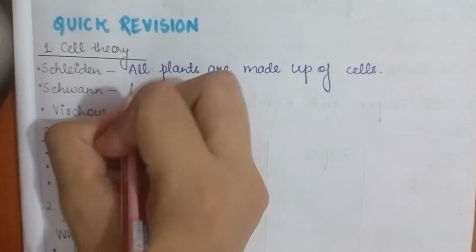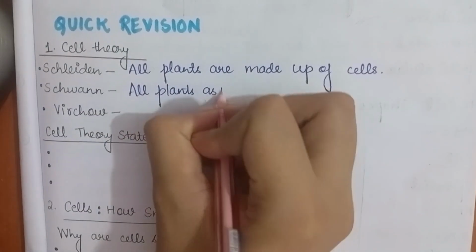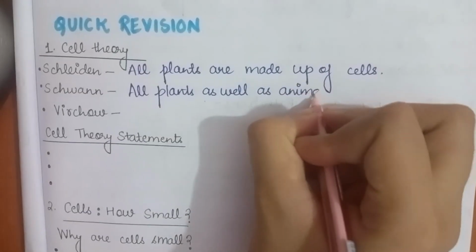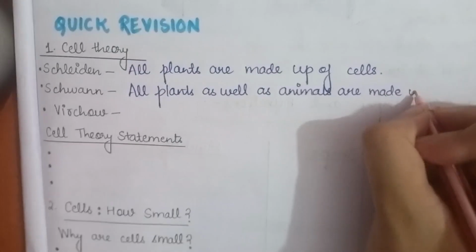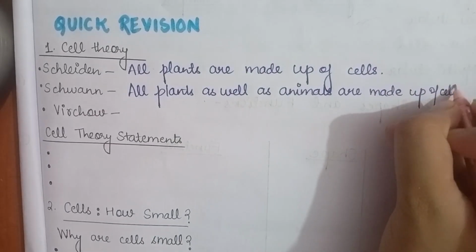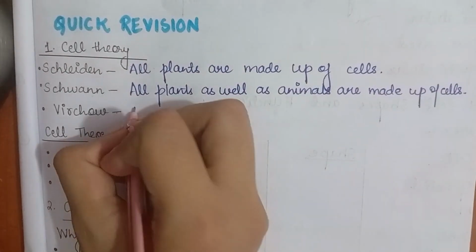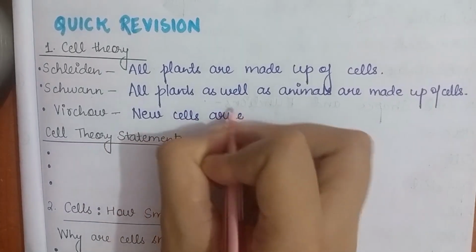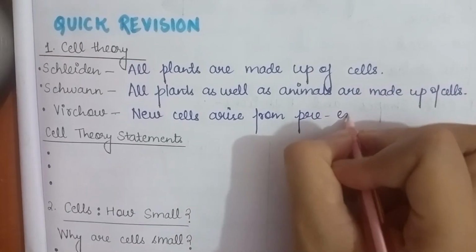Okay, then Schwann said that all plants as well as animals are made up of cells. And what did Virchow say? He said that new cells arise from pre-existing cells.